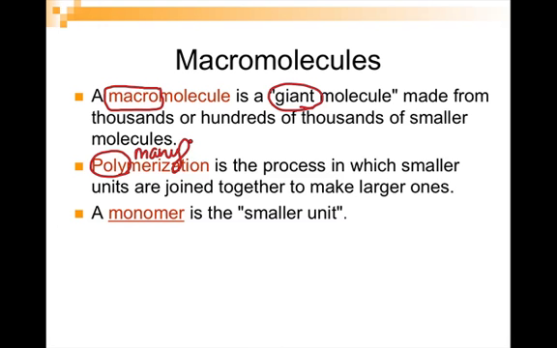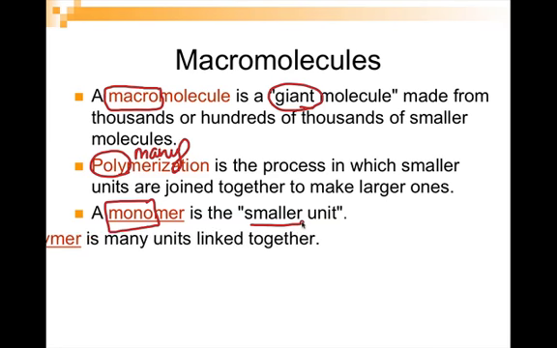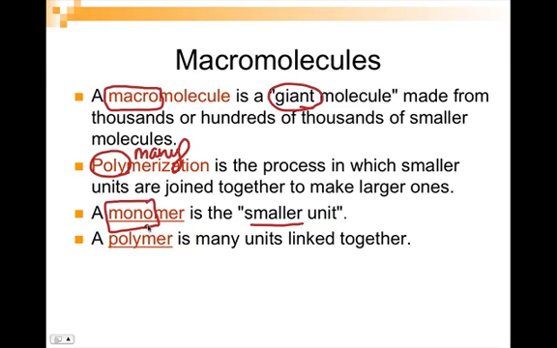A monomer, and mono itself means single, is the smaller unit that gets put together to make what is called a polymer. And poly, once again, means many.